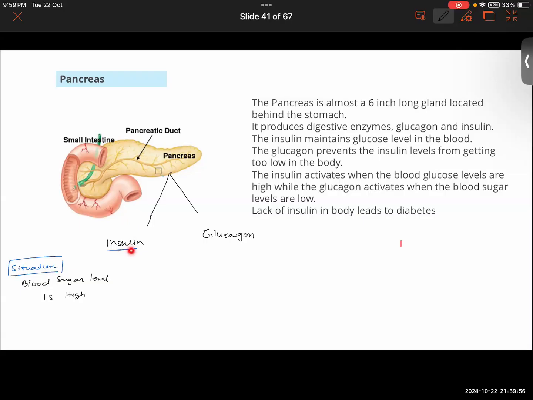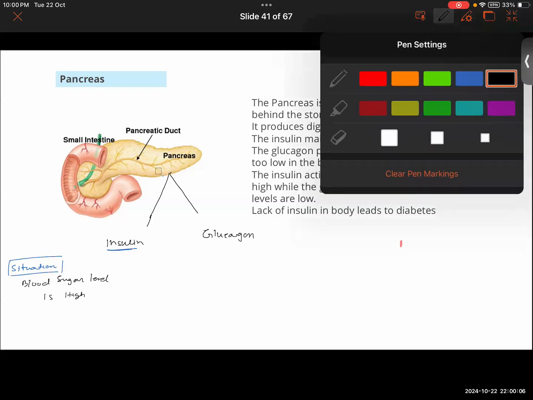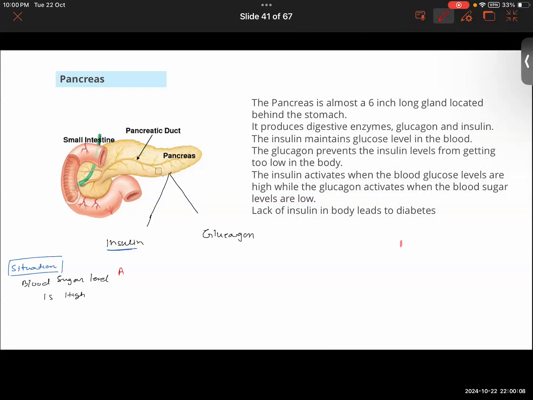So which will be activated? Insulin or the glucagon? Insulin, as per our discussion. So insulin gets activated and lowers the sugar level to normal.